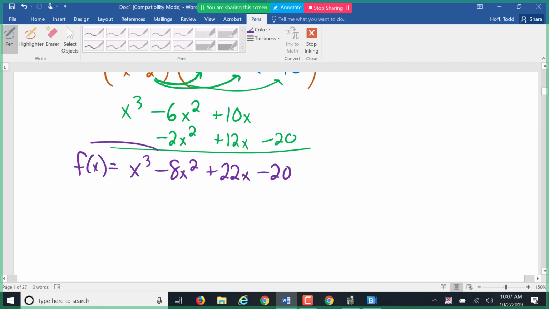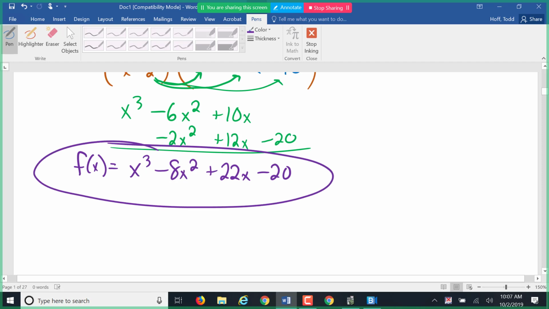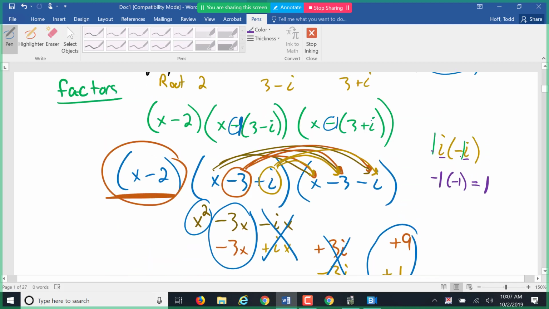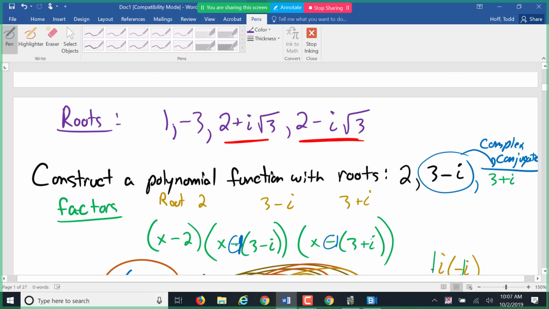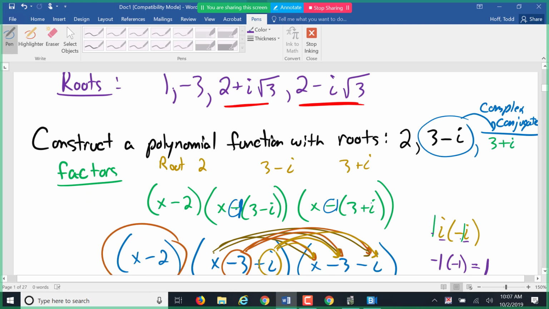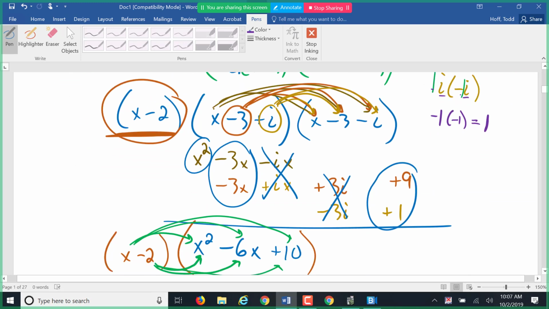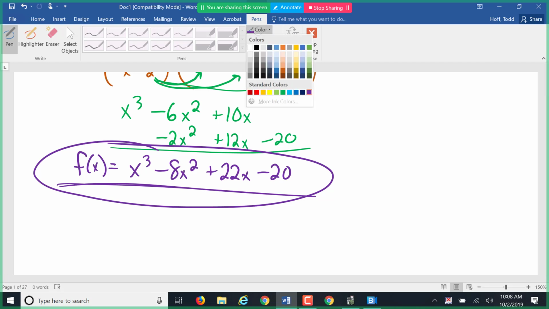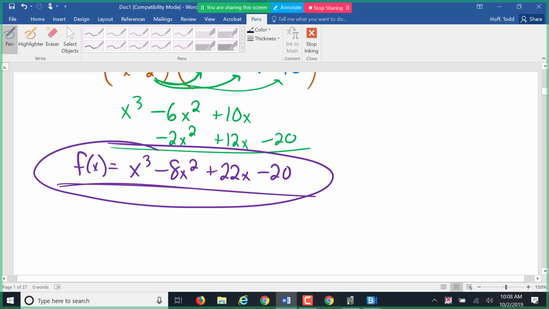So the polynomial function that had the roots of 2 and 3 minus i, 3 plus i should say, that polynomial function is f of x equals x to the third minus 8x squared plus 22x minus 20. Any questions there?